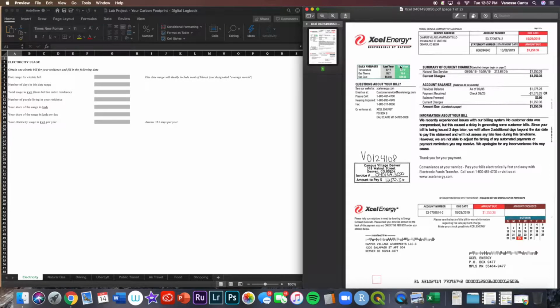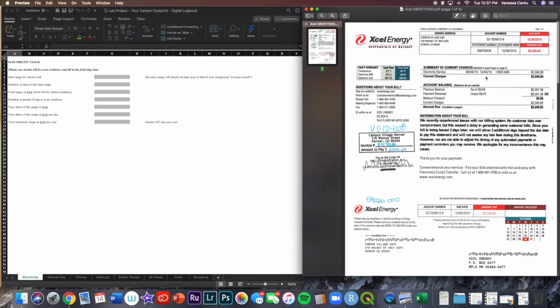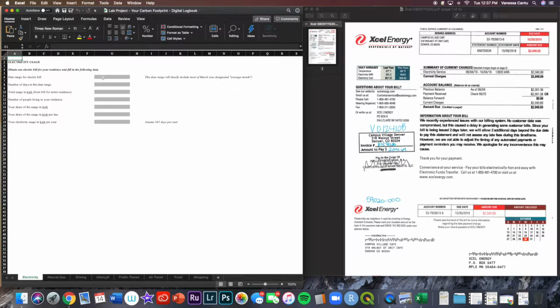So we're going to look at electricity service. For the date range, don't quote me on this because I haven't exactly counted the days, but from September 4th to October 4th, how many days is that?